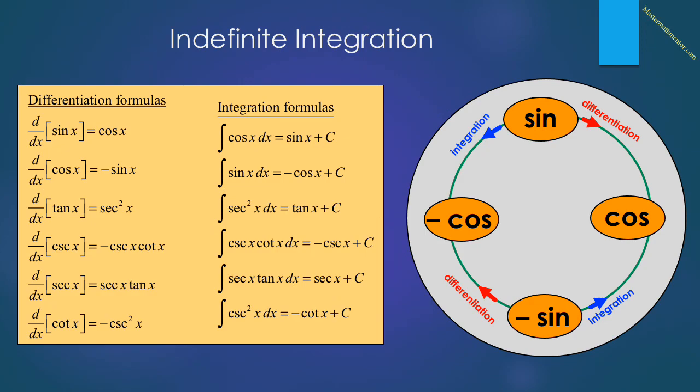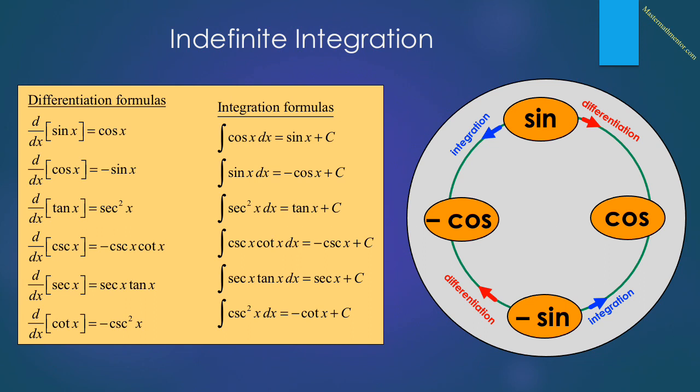The other trig integration rules are based upon the trig differentiation rules, and while not used as much, they still must be learned. So the derivative of tangent of x is secant squared of x, therefore the integral of secant squared x dx is tangent of x plus c. The derivative of cosecant x is negative cosecant x cotangent of x, so the integral of cosecant x cotangent x dx is negative cosecant x plus c.